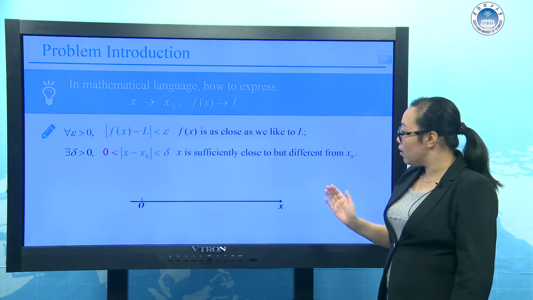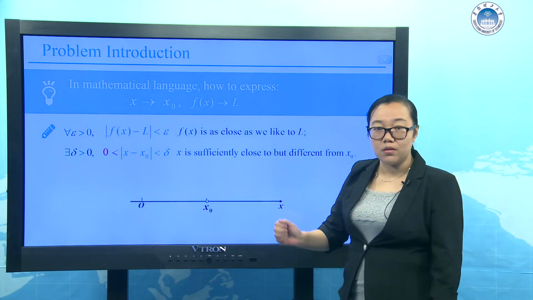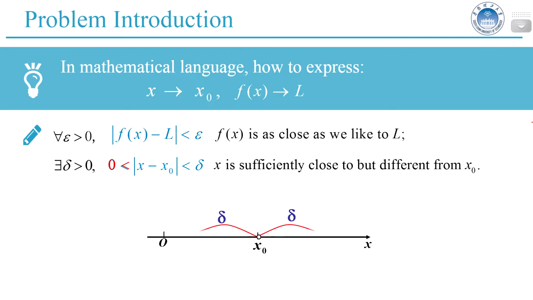Look at the figure. This means x0 is the fixed point. Delta is some fixed number. Look at this. The right point, x0 plus delta. The left point, x0 minus delta. All the points lie in the open intervals.